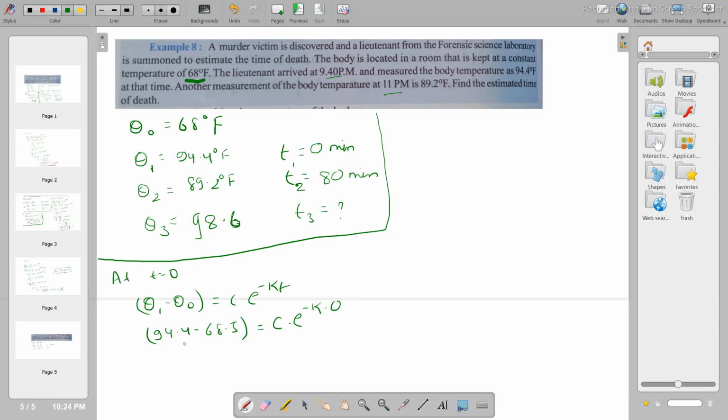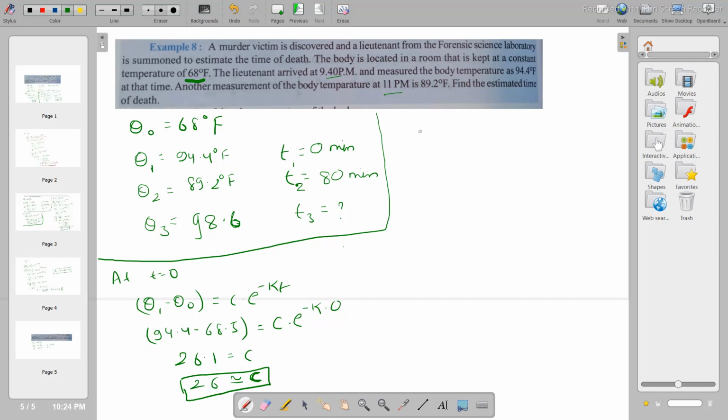So what is the difference between these? Let me calculate. 94.4 minus 68 is 26.4. Let us take it approximately as 26. See, the value 26, it will be easy for you guys.